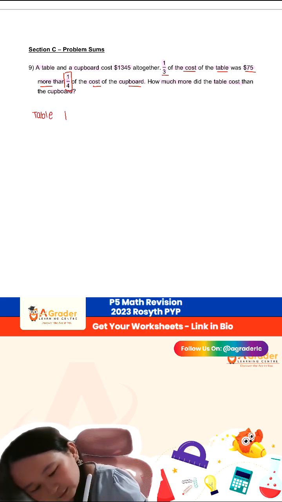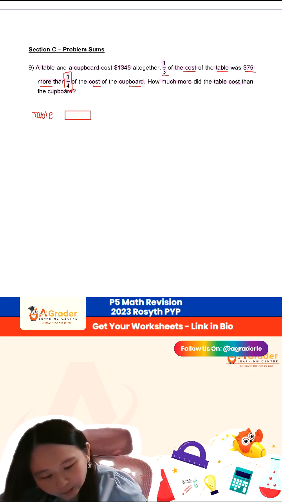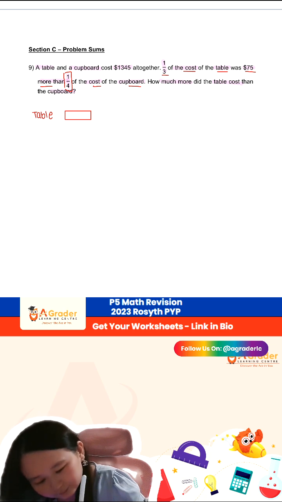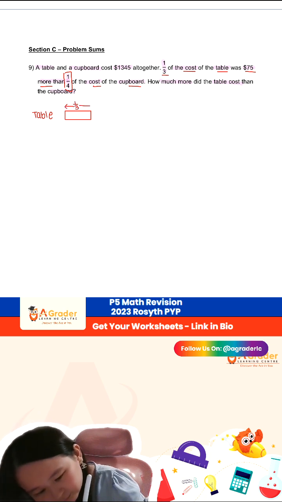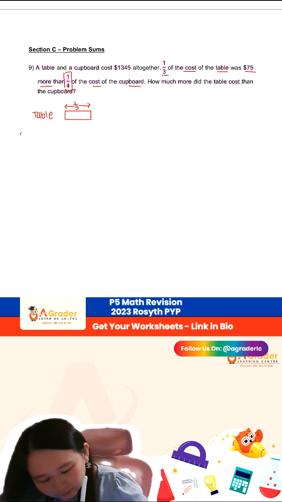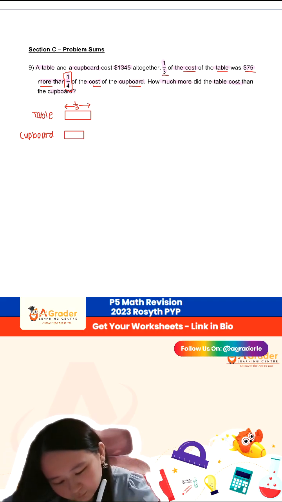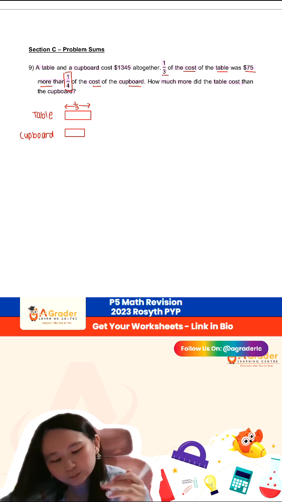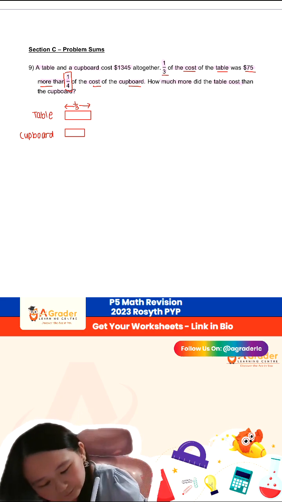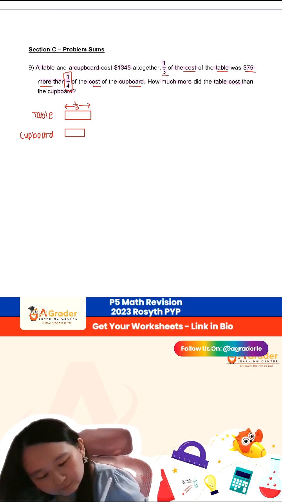Table. So let's say this is 1/3. This bar represents 1/3 of the cost of the table. Then for the cupboard, this box represents 1/4 of the cost of the cupboard.